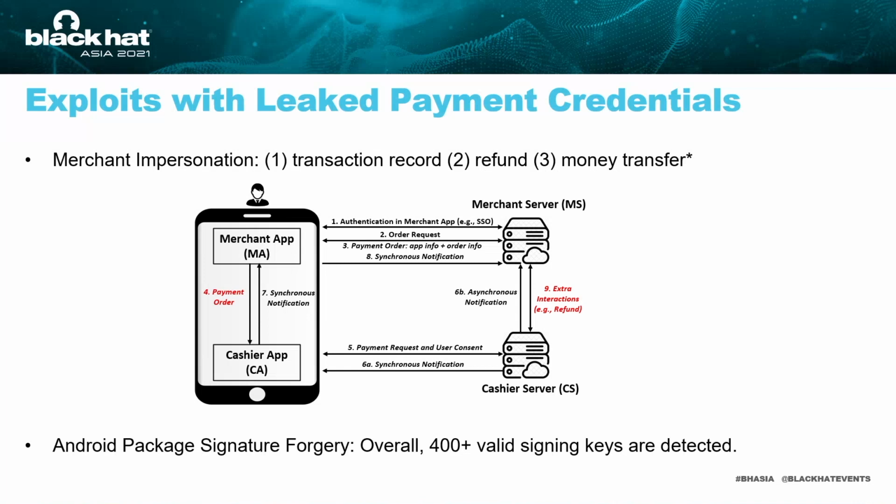By replacing the payment order in step 4, the victim user can be tricked into paying for the attacker's order. Overall, we have detected over 400 valid Android signing keys, and 10 of the related Android apps have over 1 million downloads.